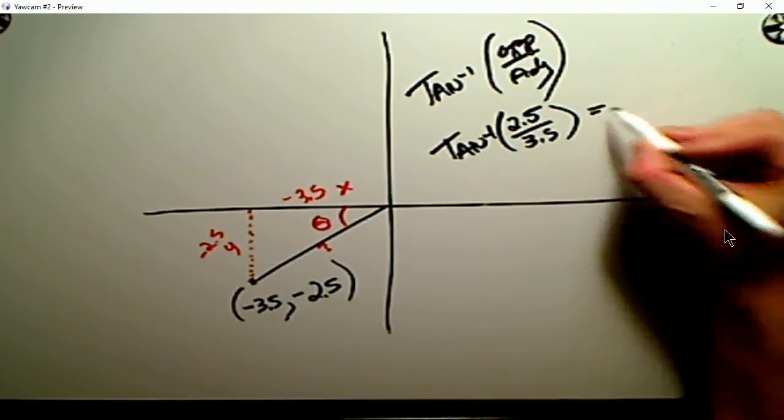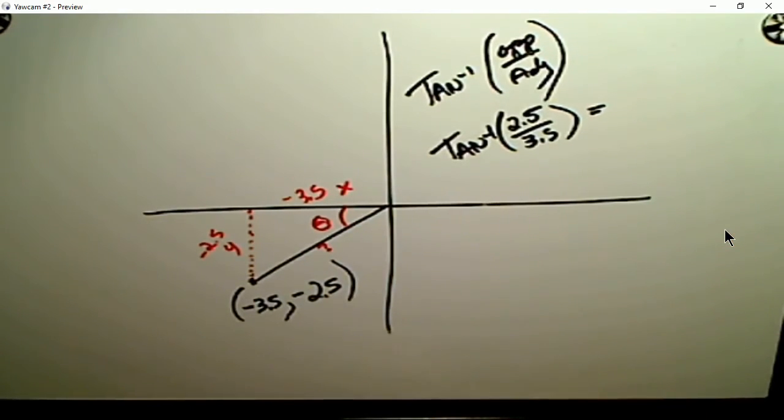Well, I'll let you calculate that with me here. So let me calculate that. Tan inverse of 2.5 divided by 3.5 equals 35.5 degrees.